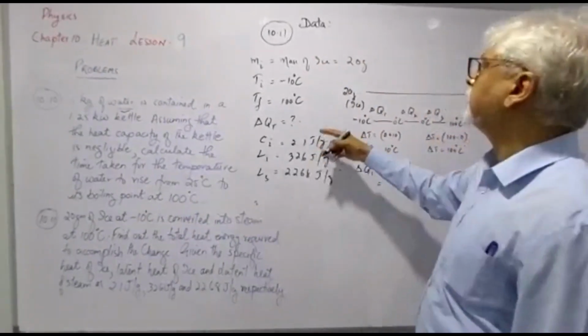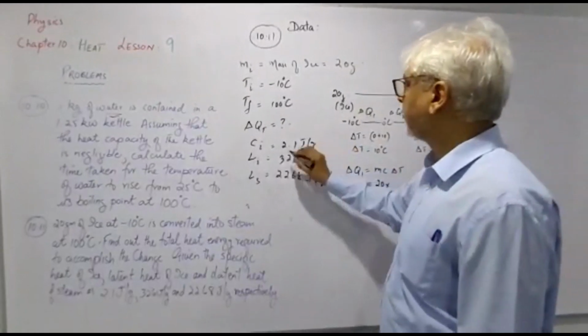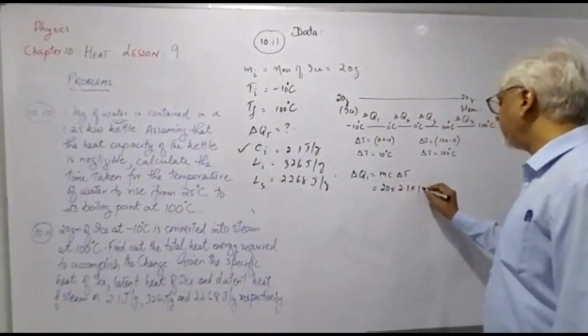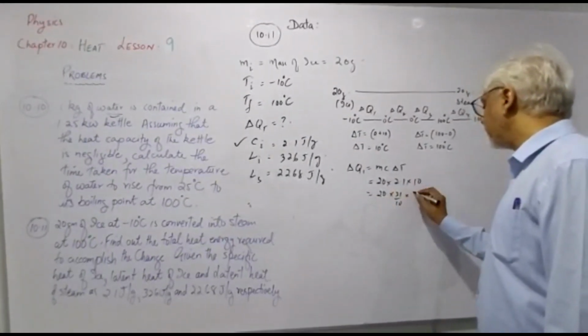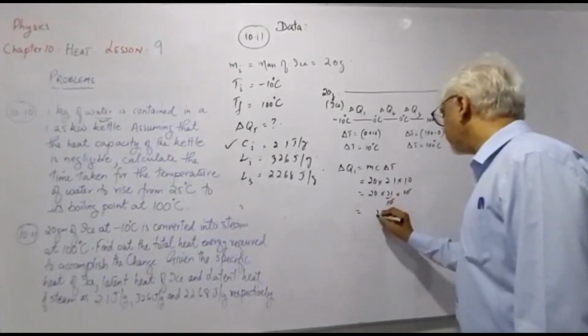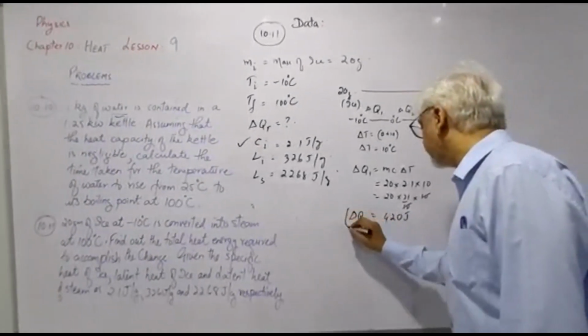And the specific heat of ice is known to you, 2.1. Change in temperature is 10. So this will give you 20 times 2.1 times 10, which is 420 joules. This is what delta Q1 is equal to.